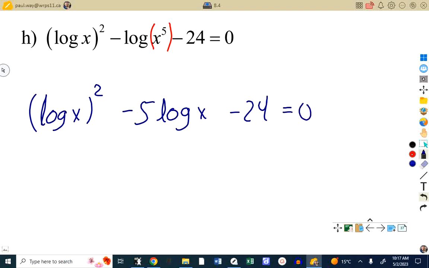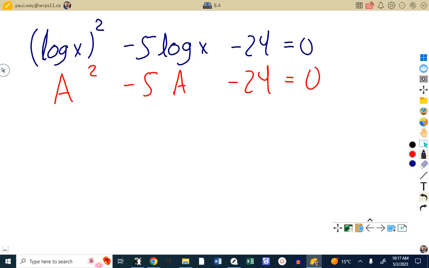And I really hope that you see how this is the same structure as that equation. If you can solve that equation in red by factoring a squared minus 5a minus 24, there is no reason why you can't factor the equation in blue.